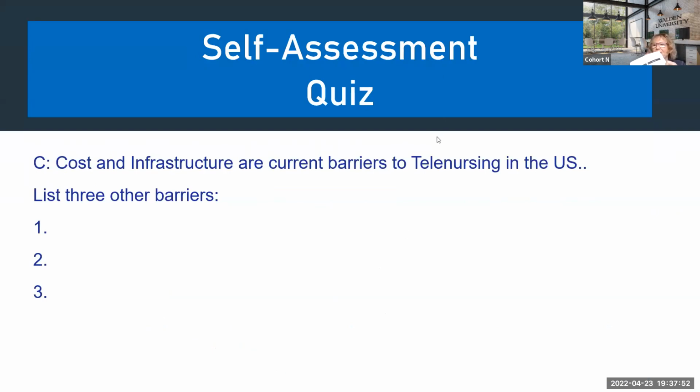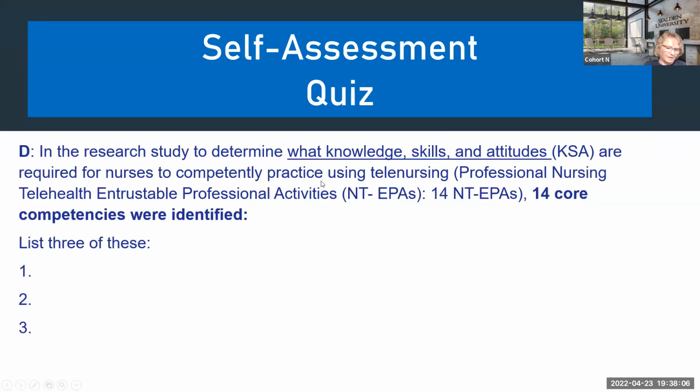The answers coming through are really good. Okay. Number 3. Number 4. There were 14 core competencies.